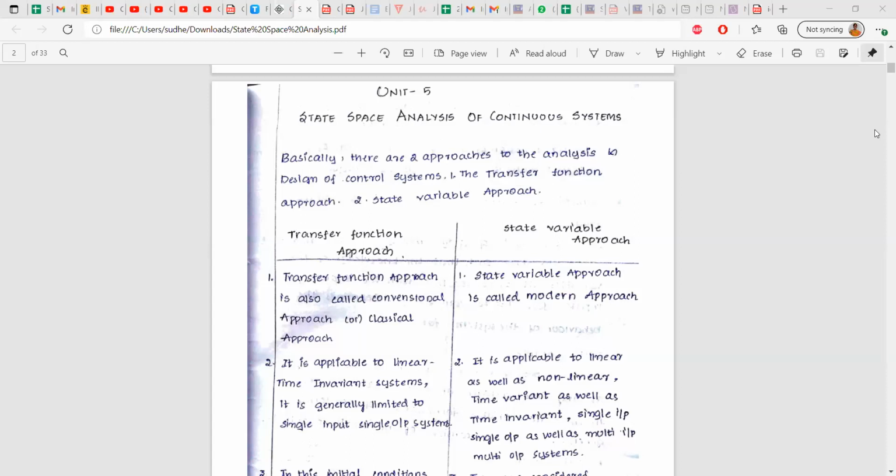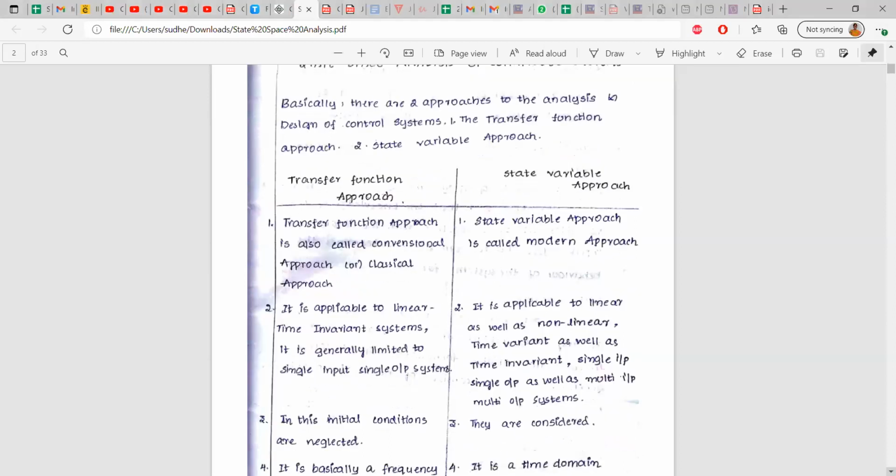But coming to the state variable approach, it is applicable to both linear as well as non-linear, time variant as well as time invariant, and single input output systems and multiple input output systems. So that's the advantage of the state variable approach when compared with the transfer function approach.